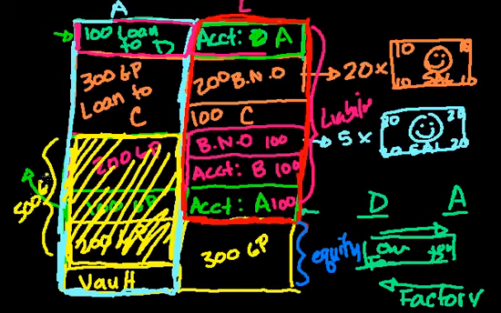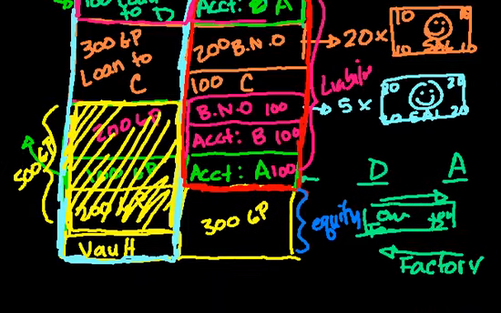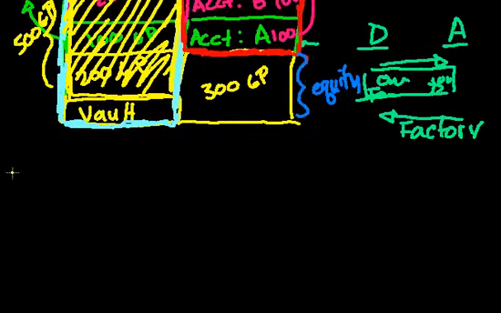So let's introduce the concept of a reserve ratio. Now let's think a little bit about what even a reserve is. A reserve is something that you keep aside because you might need it one day.